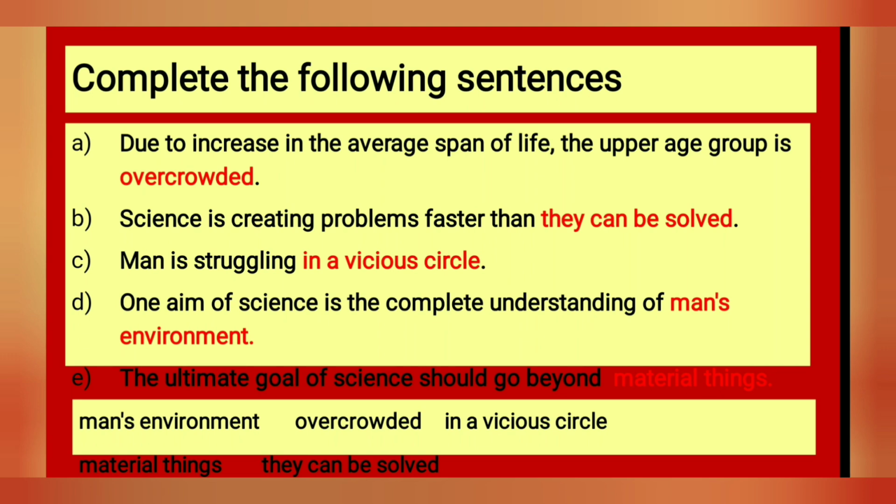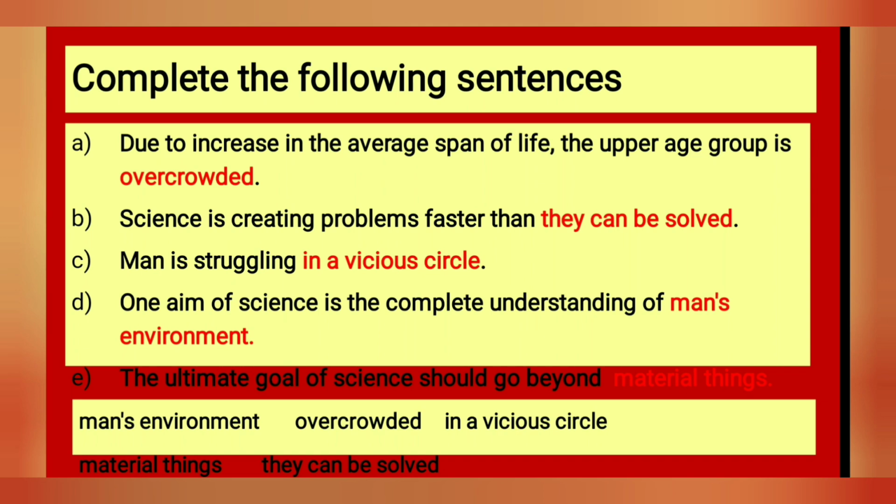Let's discuss these incomplete sentences now. Due to increase in the average span of life, the upper age group is overcrowded. So first answer is overcrowded. Next, science is creating problems faster than, yes, what should be the answer?